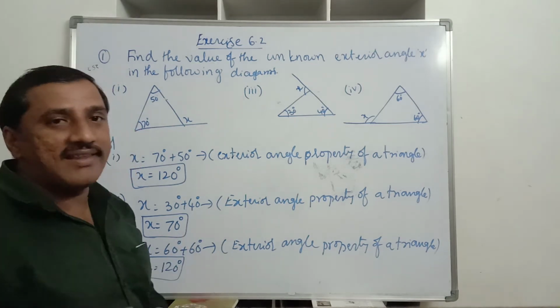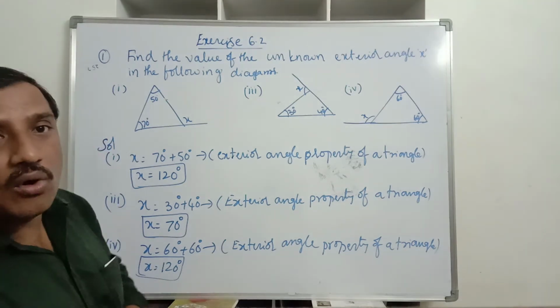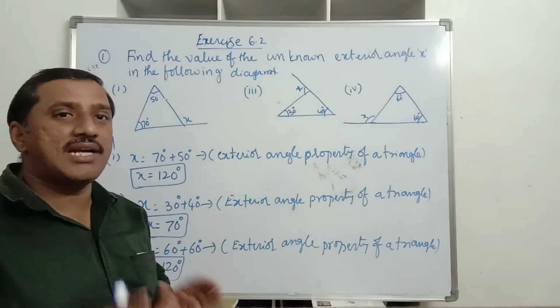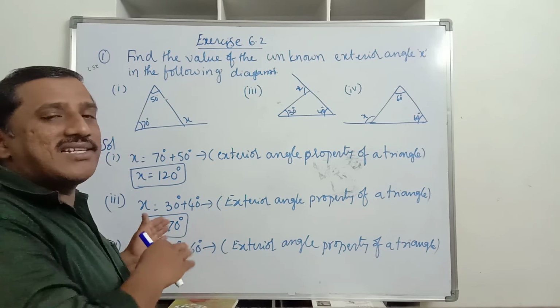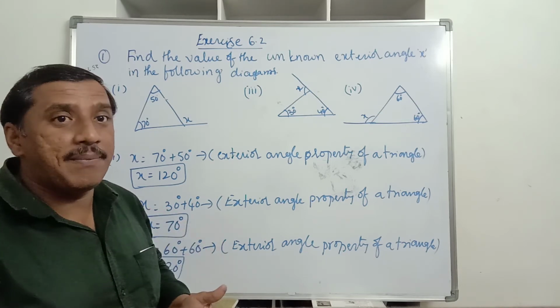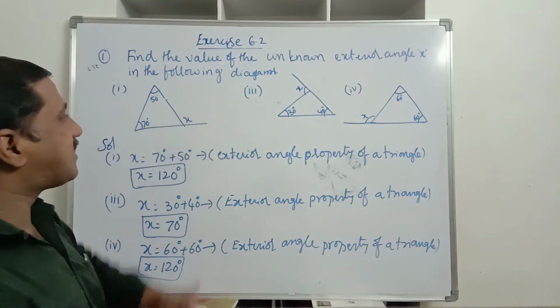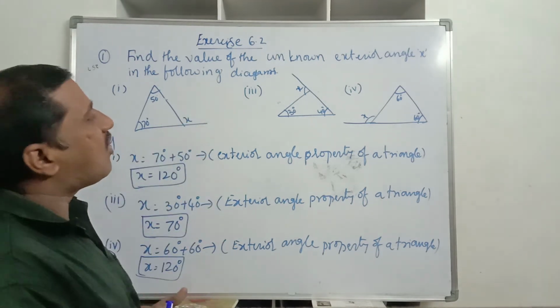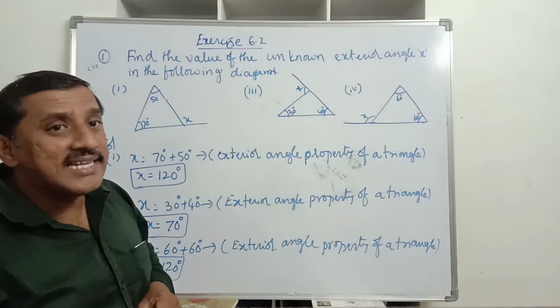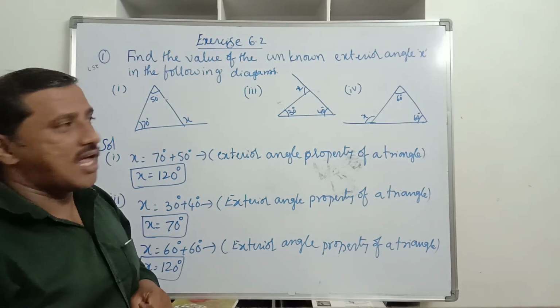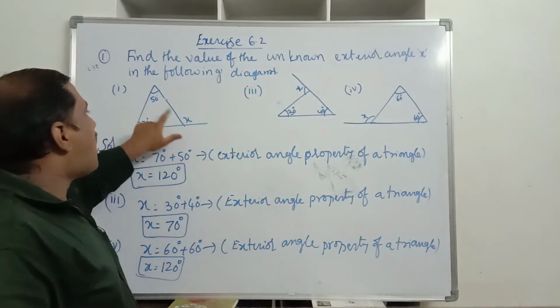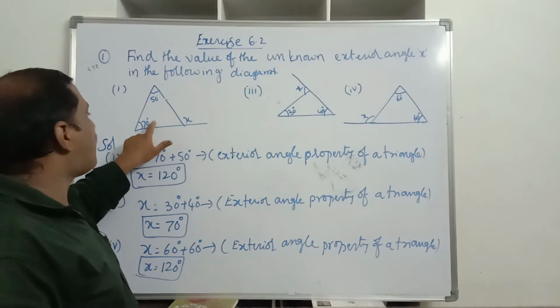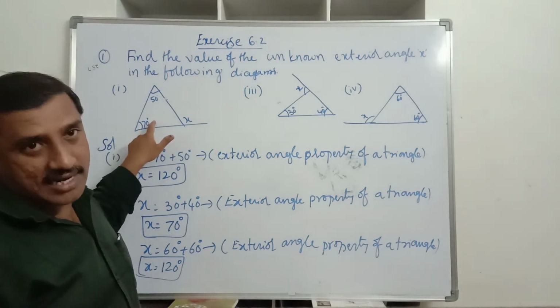Like this, we will find the exterior angle when we know its two interior opposite angles. Now we will extend our knowledge to find the interior angle. If one interior angle is given and the exterior angle is given, how do we find the unknown interior opposite angle?